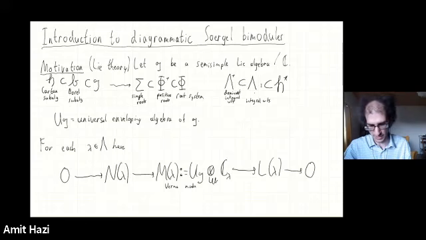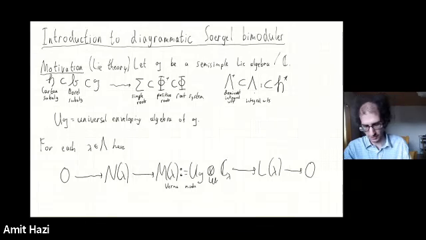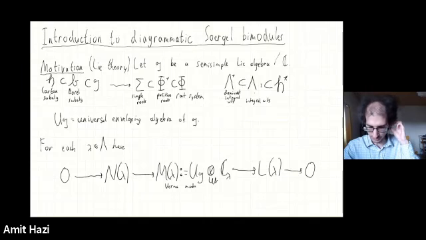The module C lambda here is just a name for the one-dimensional B module which you get by inflating lambda, right?